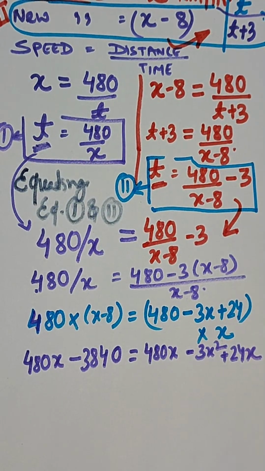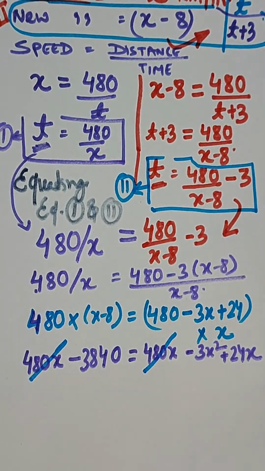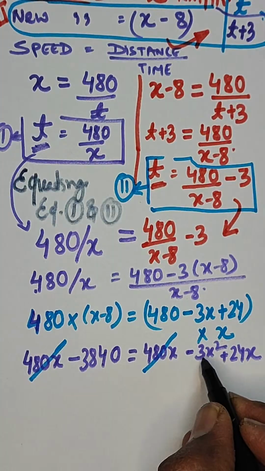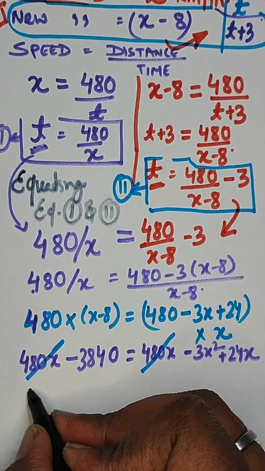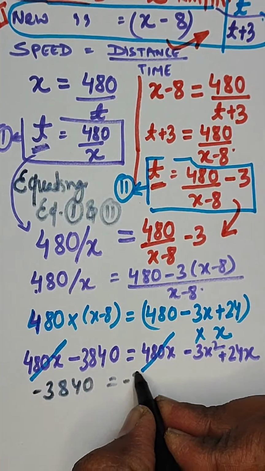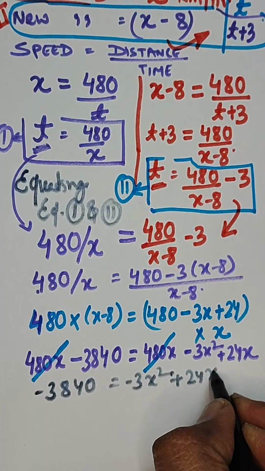From this step we can see that 480x on the LHS will be cancelled by this 480x on the RHS, and we have minus 3840 equal to minus 3x square plus 24x.